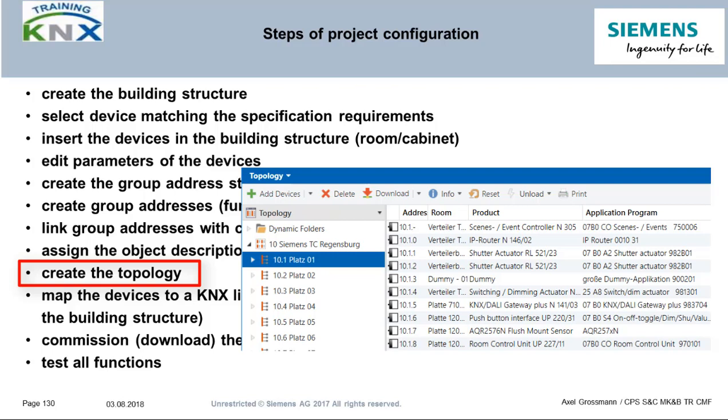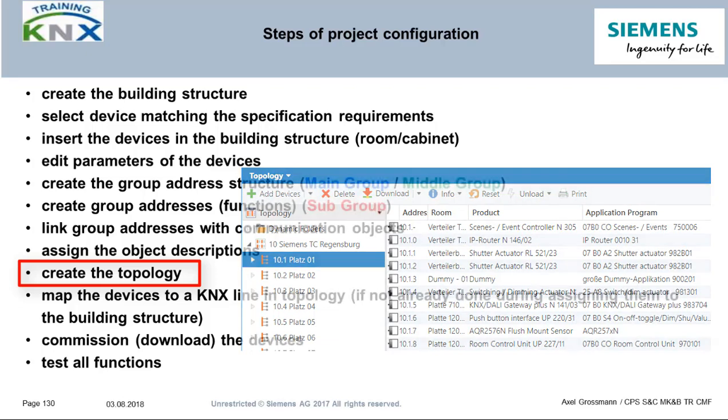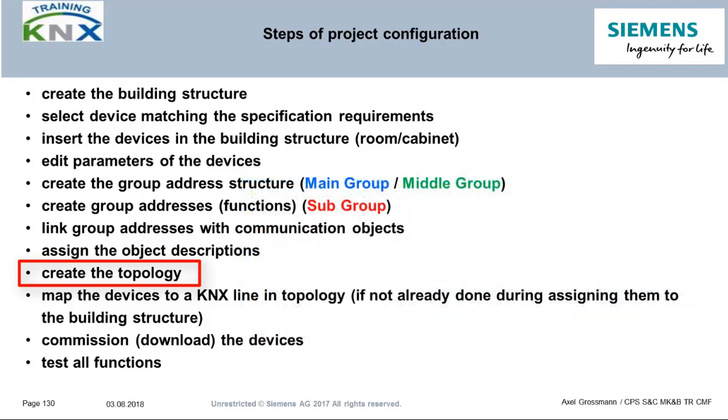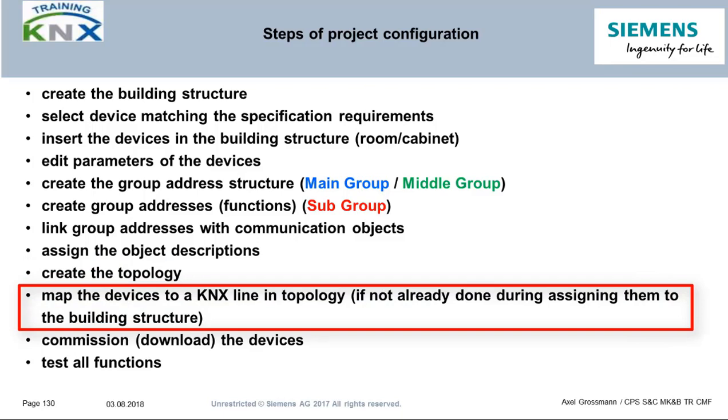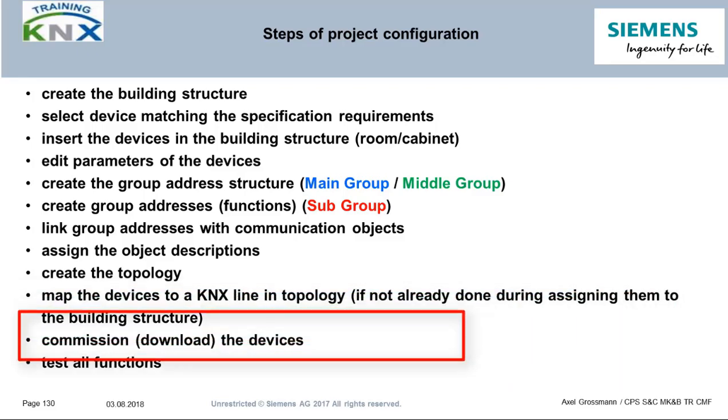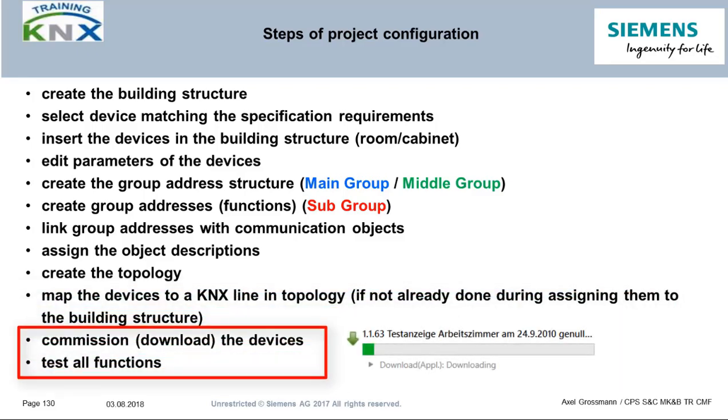When you create the topology before inserting devices, you have the option to assign all building view elements already to the lines. Whenever inserting now bus devices, they will automatically receive a suitable individual address. When the project is finished, the commissioning phase starts. In this phase, you download all devices and run the function tests.